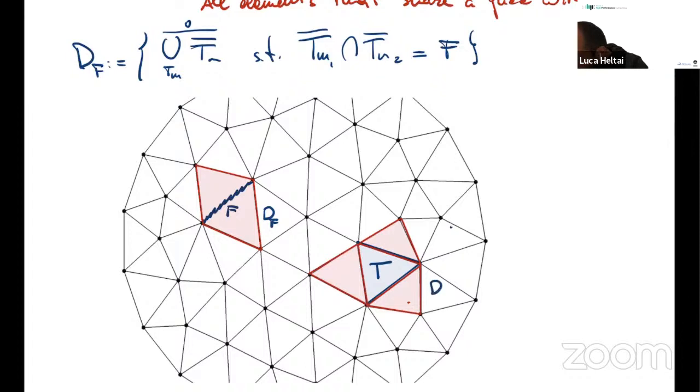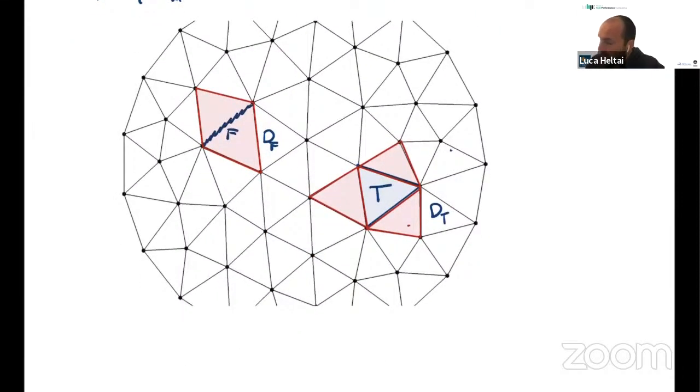This is the set D_T. And so all triangles that share a face with T, or all triangles that share a face whose intersection of the faces is F. Okay. First ingredients that I want to consider for the next part.